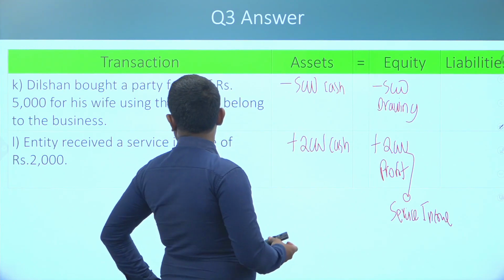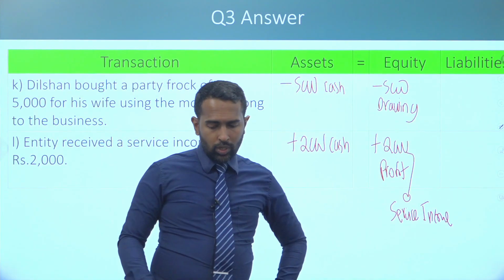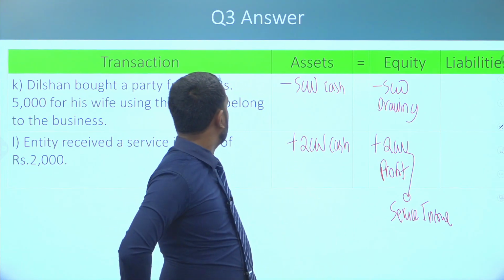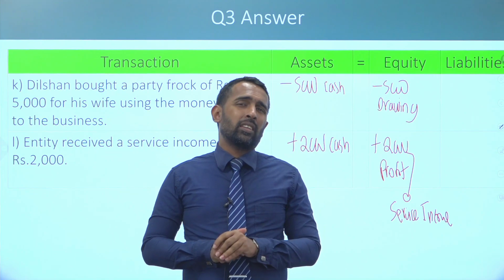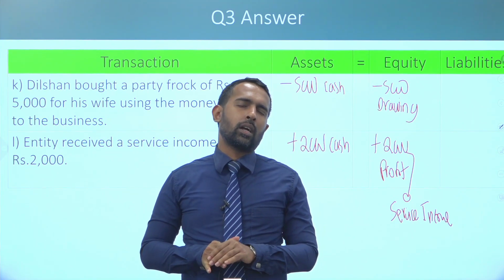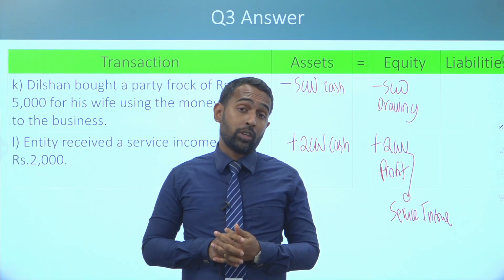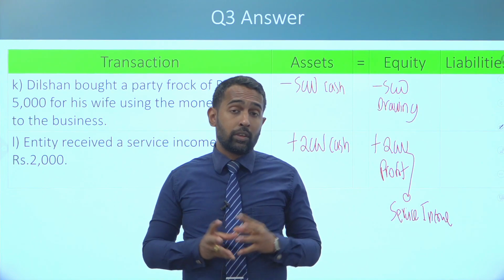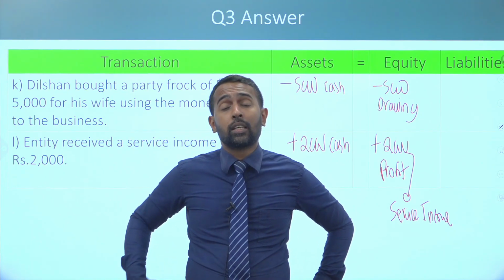Okay. So with that, we have covered up to question number 3, I guess. Right. So today we started the topic called accounting equation, where we learned the basics of accounting equation, what is an asset, what is a liability, and what is equity, and the interconnection between these three elements.